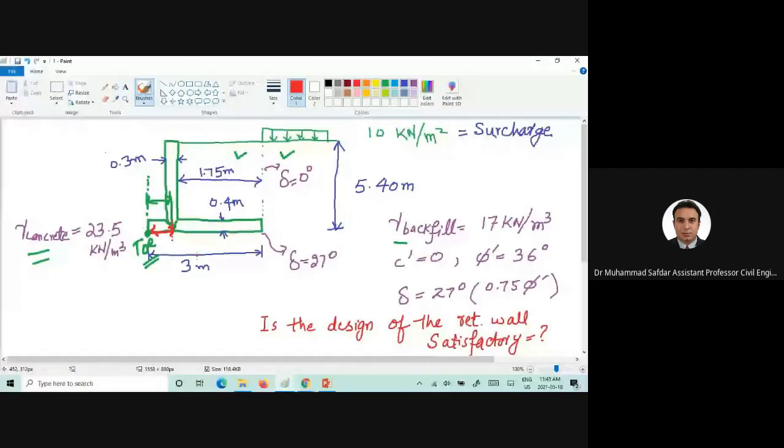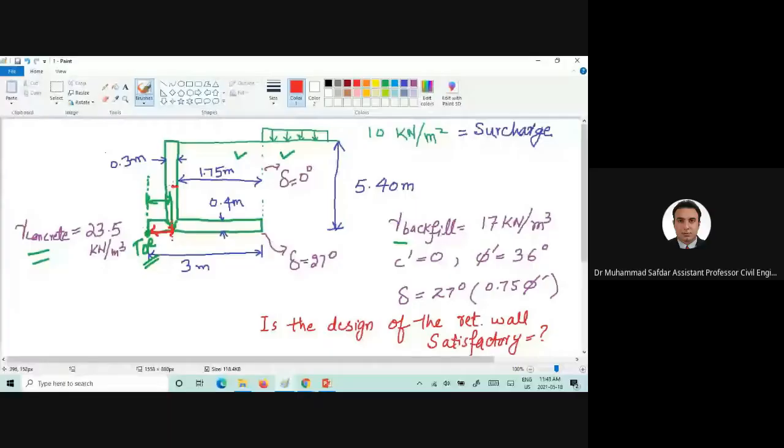You need to subtract 1.75 and add 0.15, because half of the stem width will also go. 1.4. You're getting it?